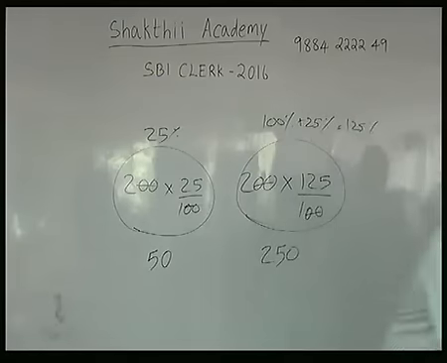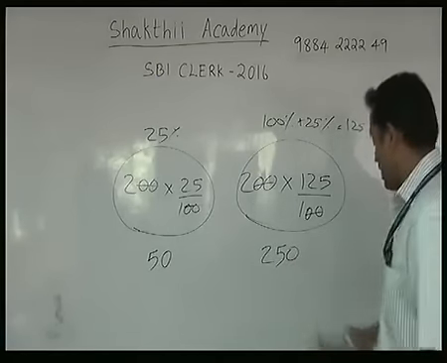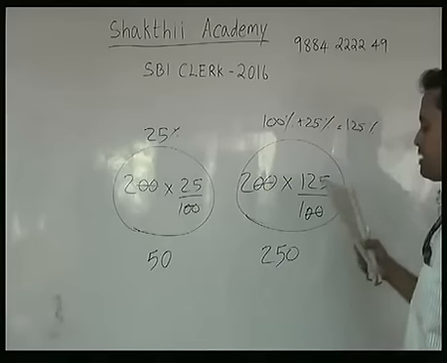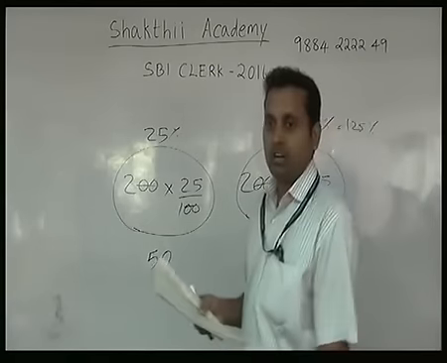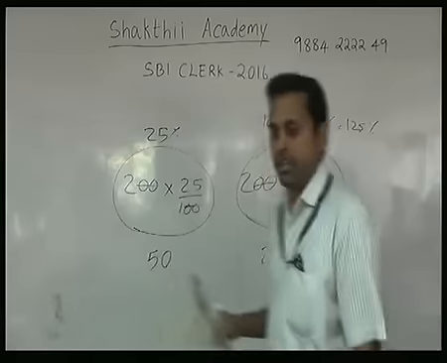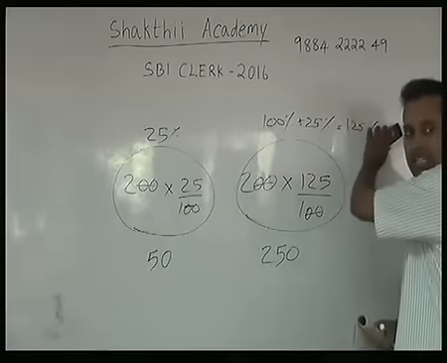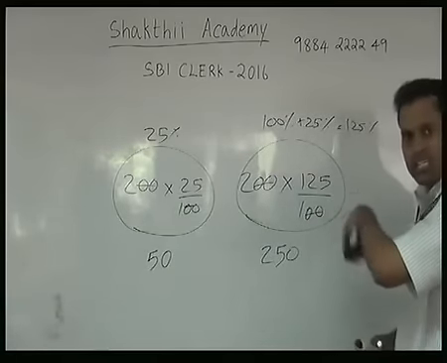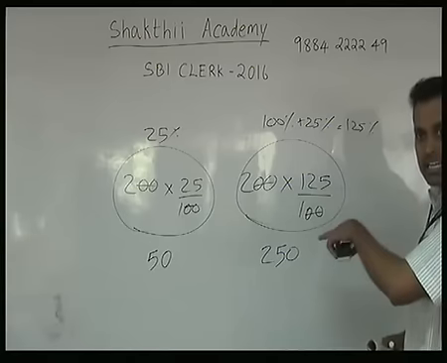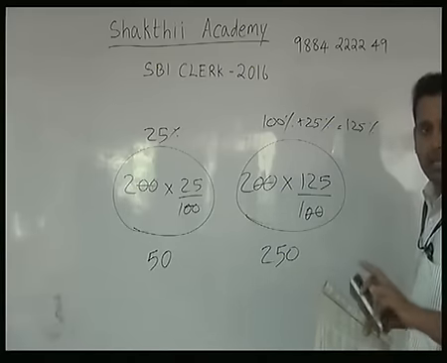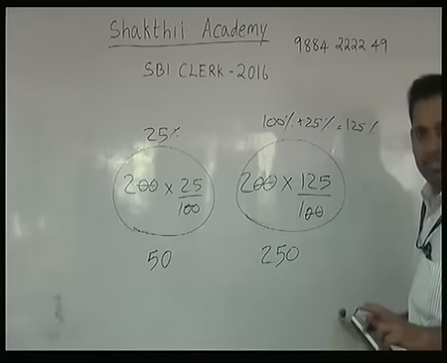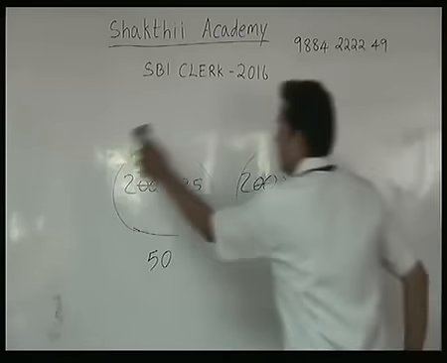Now we will take up the question. As per the question, they have given the ratio as 7 is to 15. First of all, did you understand this? Only when you understand this will you be able to solve the sum. Now I will rub it.